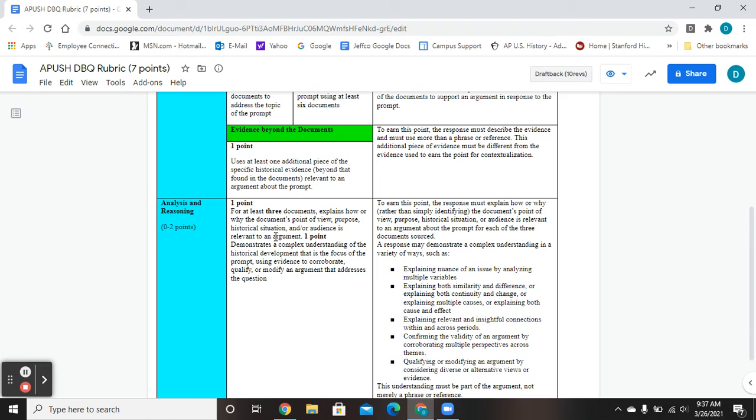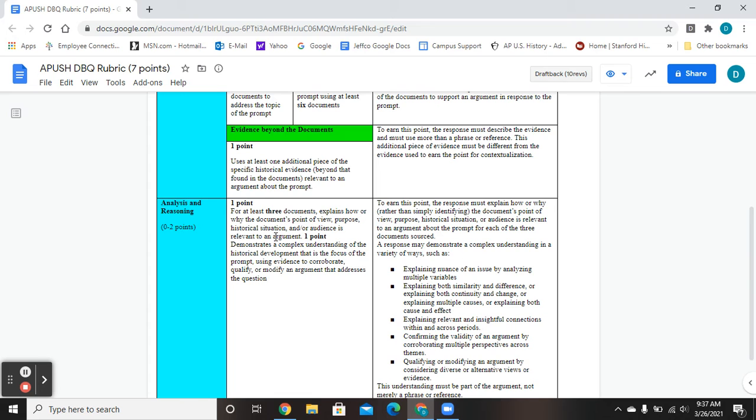Okay, if you can do that for at least 3 of the documents, give context, point of view, purpose, or intended audience.